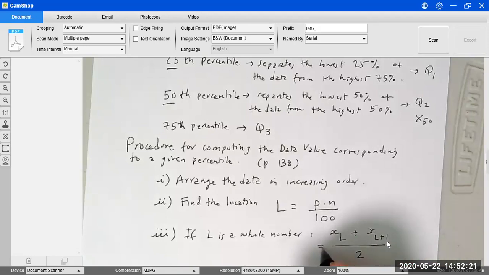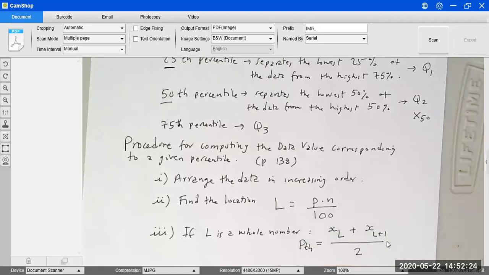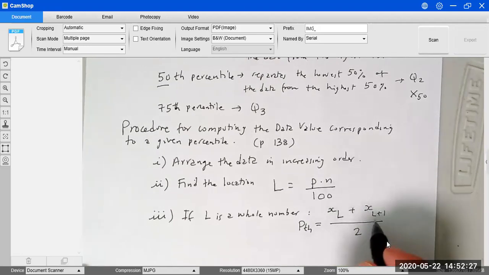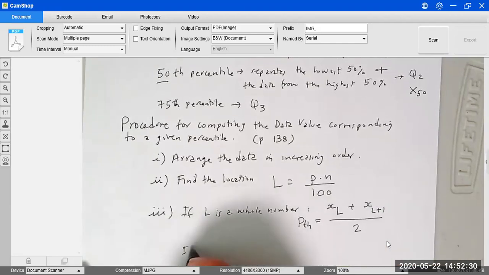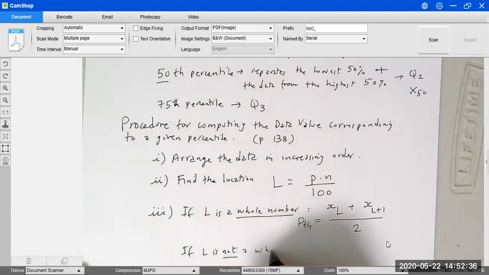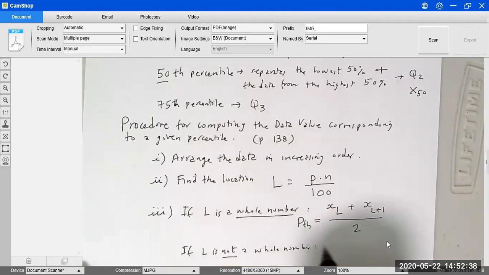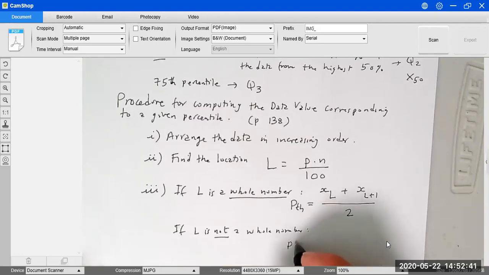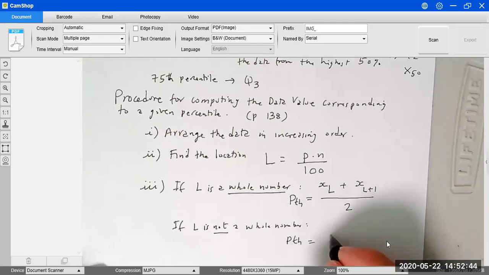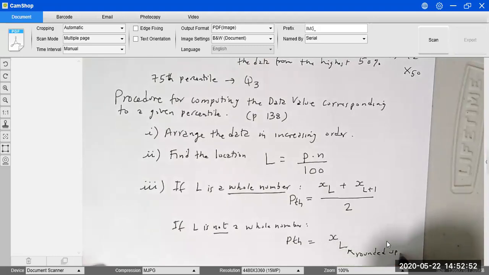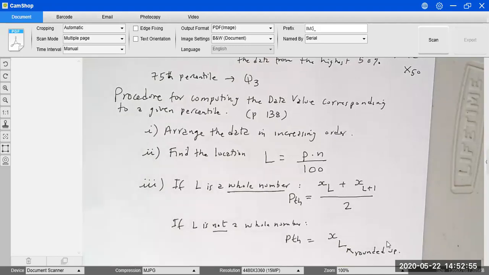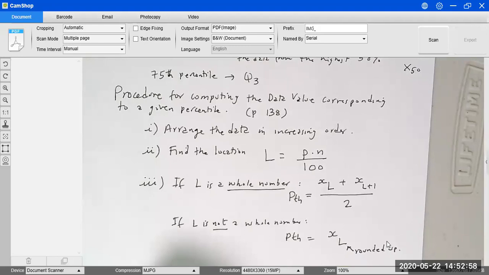So the percentile is going to be X_L plus X_(L+1) over 2. But if L is not a whole number, then the pth percentile is going to be just the value at the L that is rounded up. So you're going to look for the L that is rounded up, and you're going to find the corresponding value. So let's work an example, and then we're going to do the opposite.